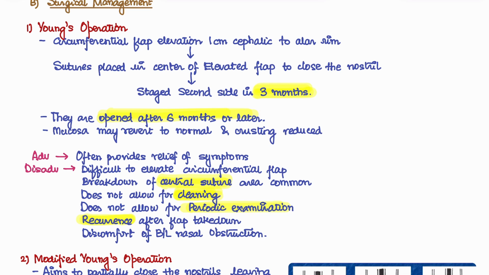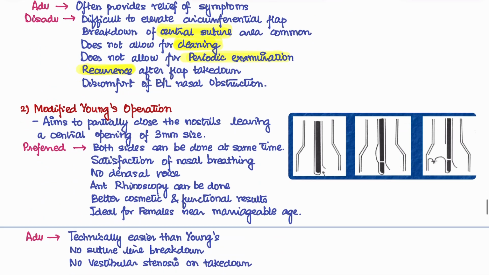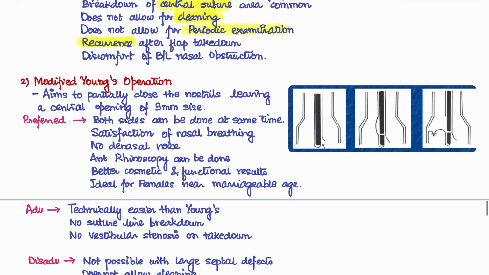The next surgery that came up is known as modified Young's operation, where instead of fully closing the nostrils on both sides, the nostrils were closed partially, leaving a 3 millimeter gap in both of them. As a result, the patient prefers this because you can have nasal breathing, and both the sides can be done at the same time.